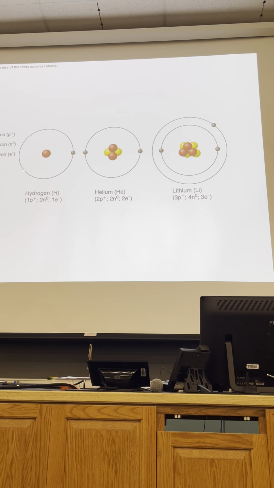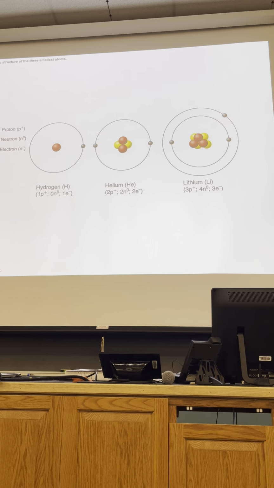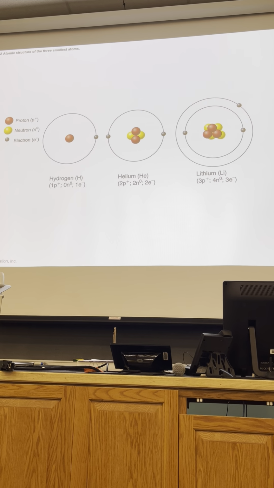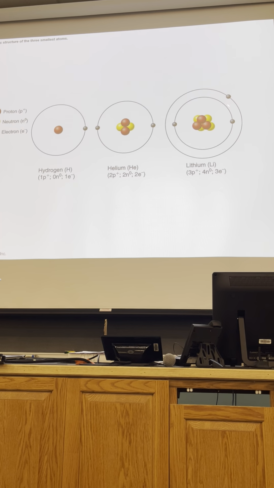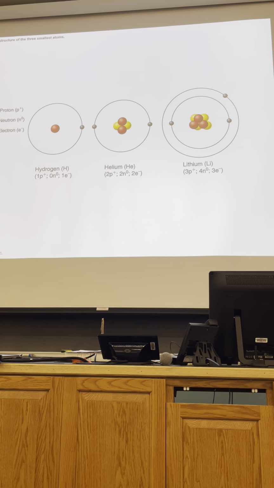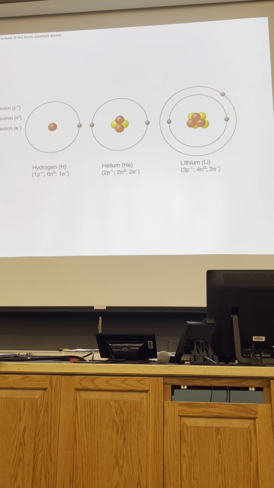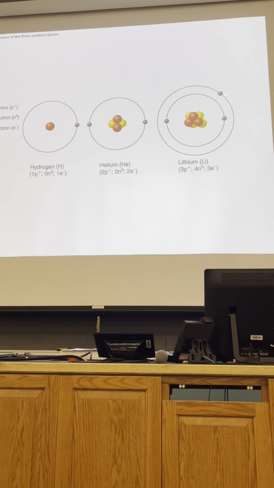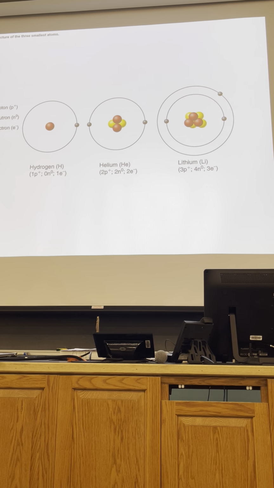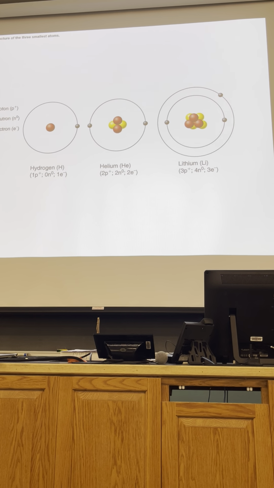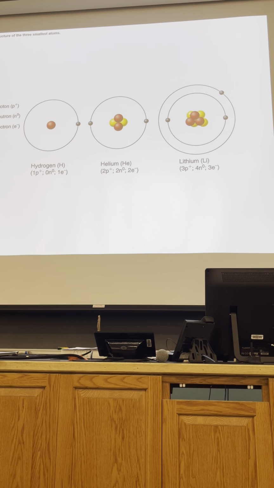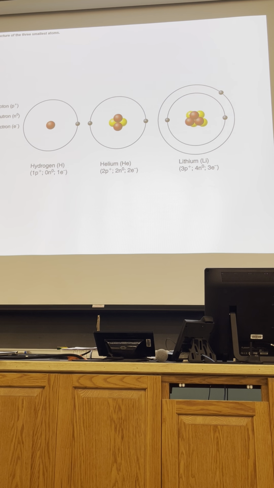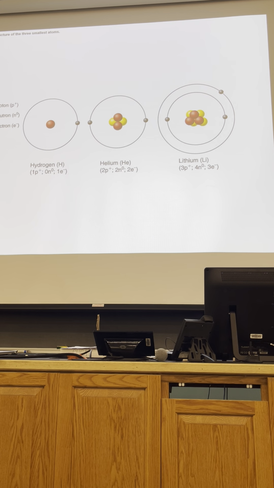It wants 1 more. It wants to be filled. It wants to feel complete. We all do in life, right? So, how about lithium? How many more does that need? 7 more. Okay, how many more can helium hold? None, without going to another shell. It's full. It's very noble.